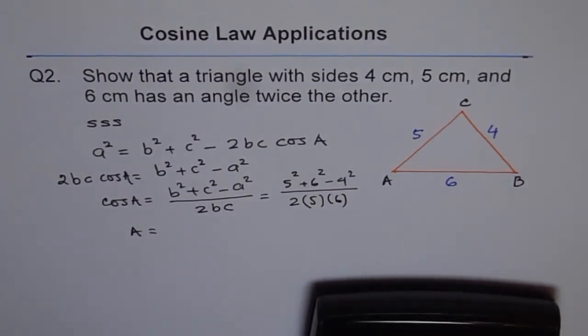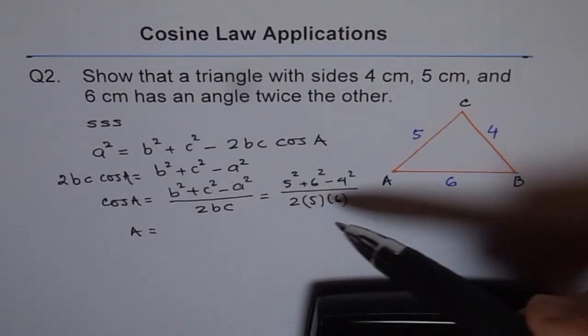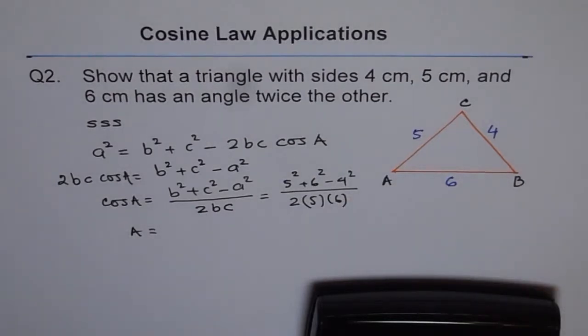So we have 5 square plus 6 square minus 4 square, equal to 45, and let's divide it by, within bracket, 2 times 5 is 10, 10 times 6 is 60, so divided by 60.